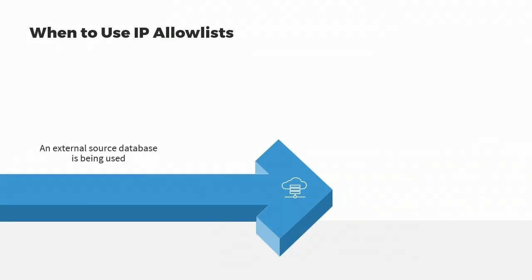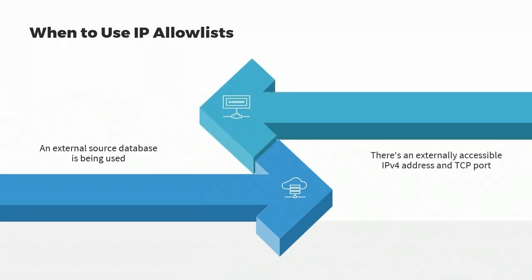You could use this when an external source database is being used, such as one from on premises or one that's in another cloud provider, for example. If your source database is external to Google Cloud, then using Datastream's public IP address as an inbound firewall rule to the network is good. You can make sure that there's an externally accessible IPv4 address and TCP port on the system that you're trying to access.